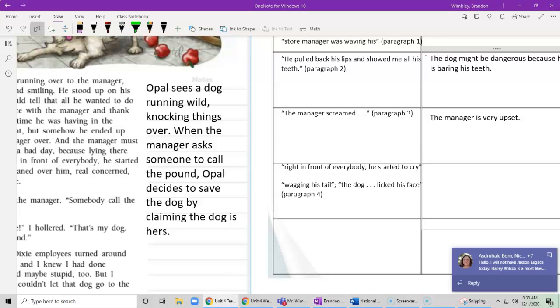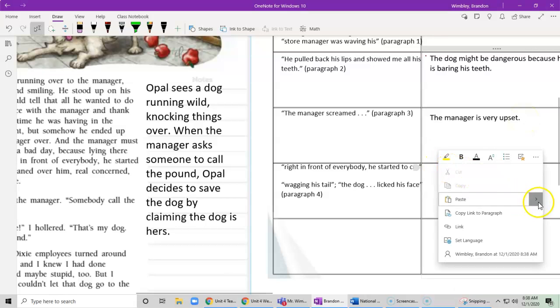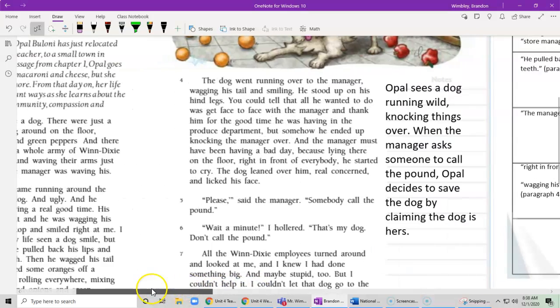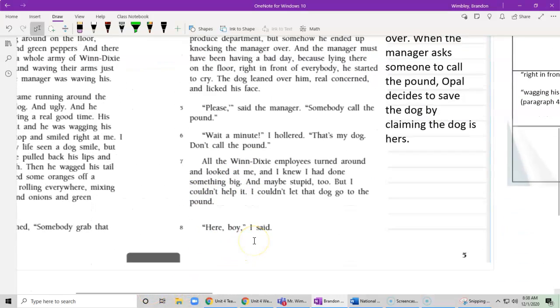And that second part, we know that the dog is friendly because he wants to lick his face. He's not trying to maul him to death or eat him. He just wants to play with him. So those are my two observations, my two inferences that I made based on the evidence, based on what Opal has shared with us. That the dog's friendly, not dangerous, and the manager is so upset that he doesn't care what people think. Now let's look at paragraph 5, 6, 7, and 8.